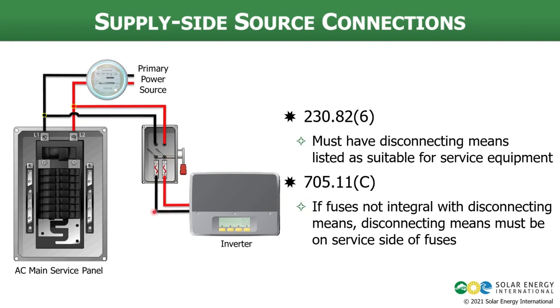So they would be in another piece of equipment below the disconnect switch in this diagram so that they would be isolated from the primary power source. Now, this is a pretty simple requirement, and it just means that when we shut that disconnect off, we are de-energizing those fuses so that we can service the fuses. We don't want to get in there and have to be pulling out fuses on the line side of that disconnect because part of those fuses would be energized and that would be a safety hazard.